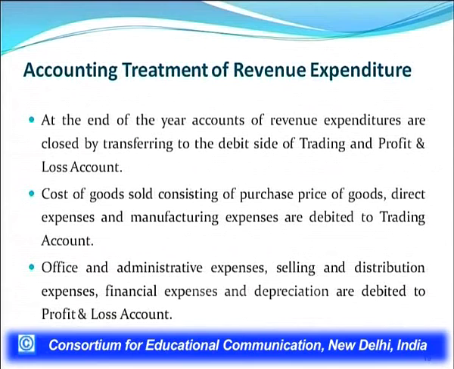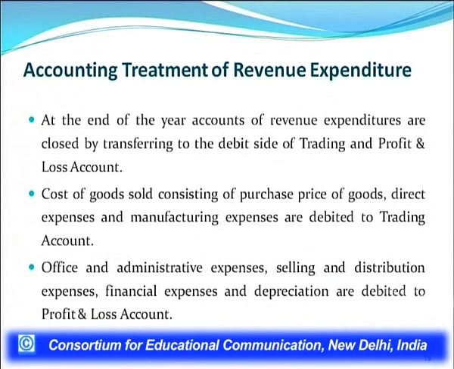All these expenditures are nominal accounts, and all these nominal accounts are closed at the end of the accounting period, and they are transferred to the debit side of trading and profit and loss account. Some expenses may belong to the purchase and manufacturing of goods, then these accounts are transferred to the debit side of trading account.